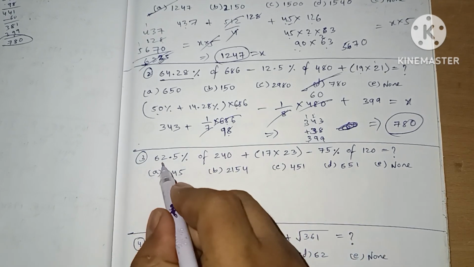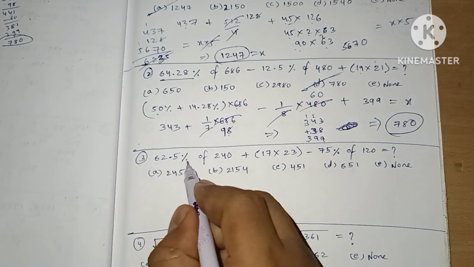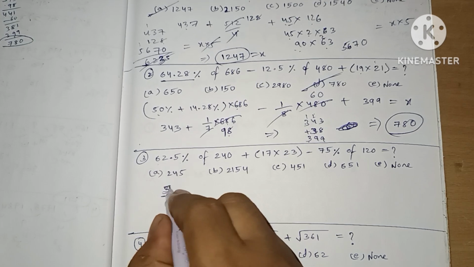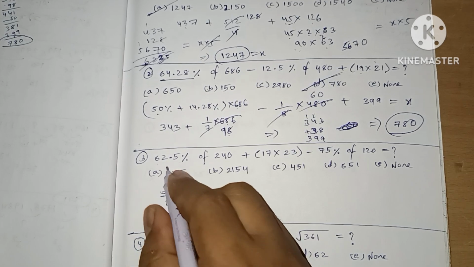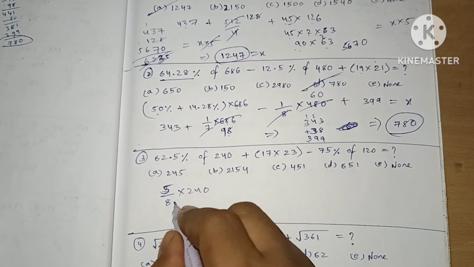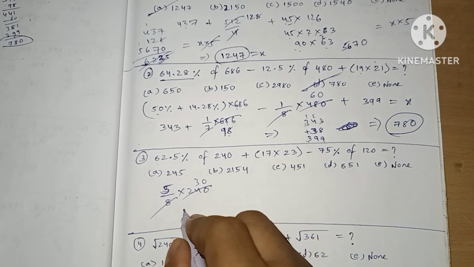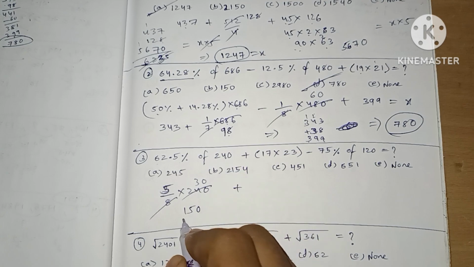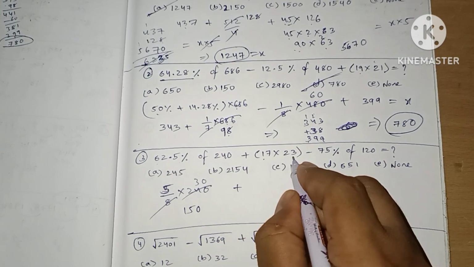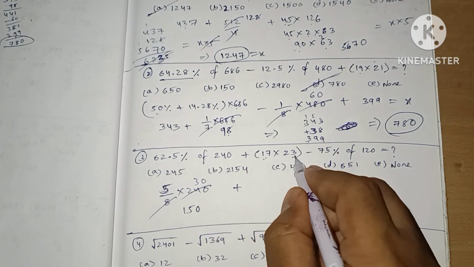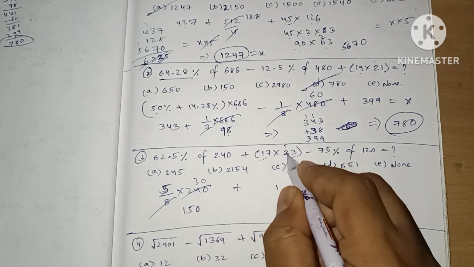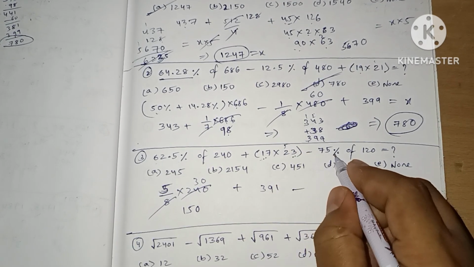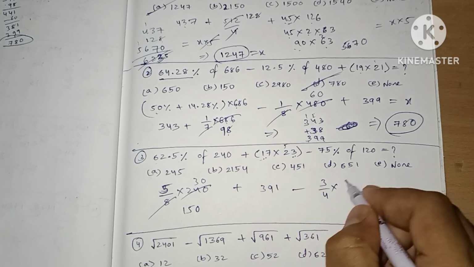Next question. Here it is 62.5%, which is nothing but 5 by 8. Fraction of 5 by 8 into 240. 8 30 times, 5 3 times will be 15 and 0, 150. So the value of this one will be 150. 17 into 23. 17 3 times will be 51, 17 2 times will be 34 and 39, 391, minus 75% is nothing but 3/4 of 120.